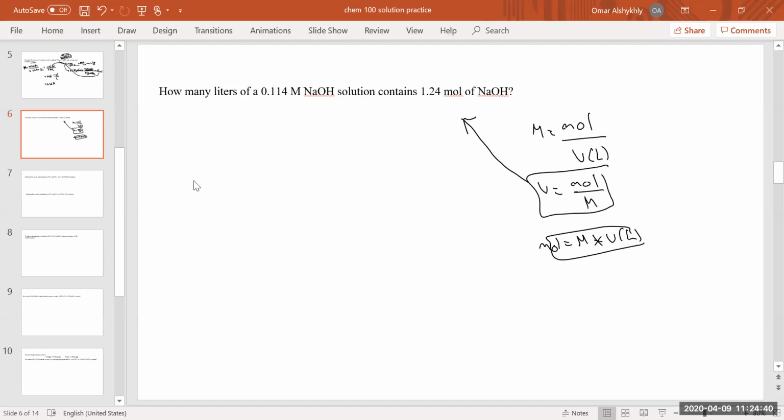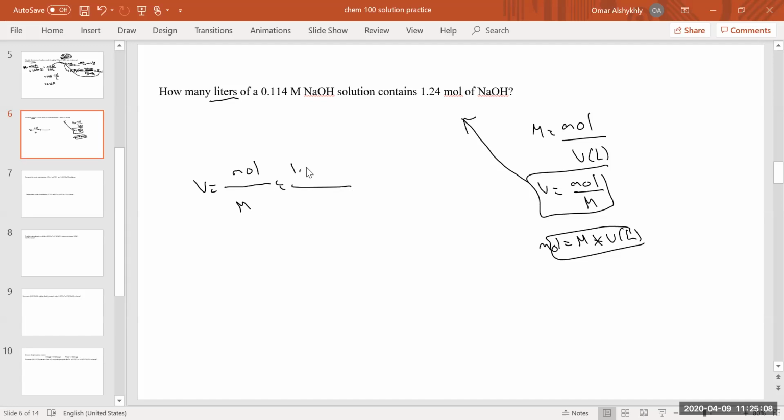Okay, guys, be careful also. Sometimes they don't ask you what is the volume. They just ask you how many liter, how many milliliter. They are asking about the unit. So you have to understand that this is the volume they are asking. So here volume will equal the mole divided by molarity.